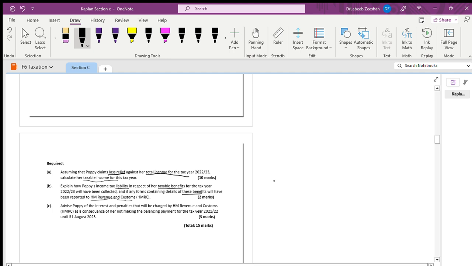Advise on the interest and penalties. This they will ask, okay? In every other question paper it will be there, okay? The penalty that will be charged by HMRC as a consequence of not making the payment for the year until 31st August 2023.